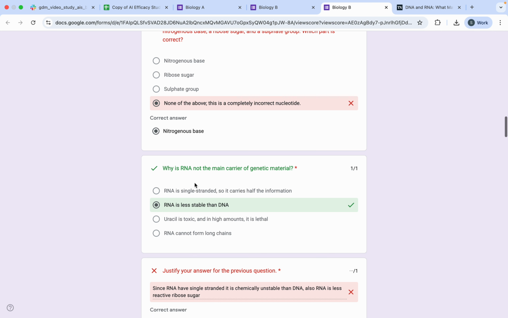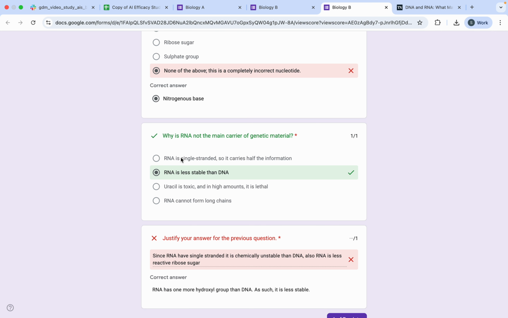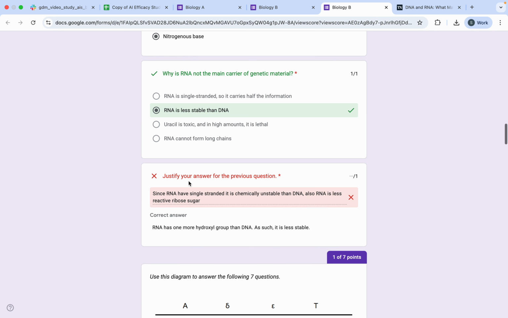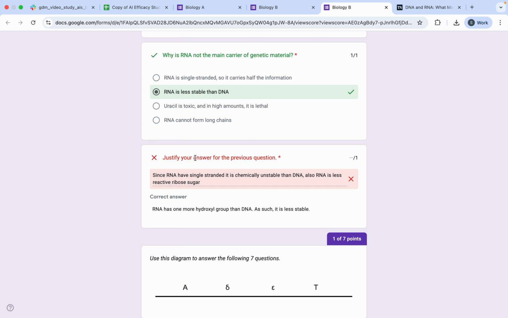Okay, now let's check another question. Why is RNA not the main carrier of genetic material? Because RNA is less stable than DNA. So this is correct. Justify your answer for the previous question.